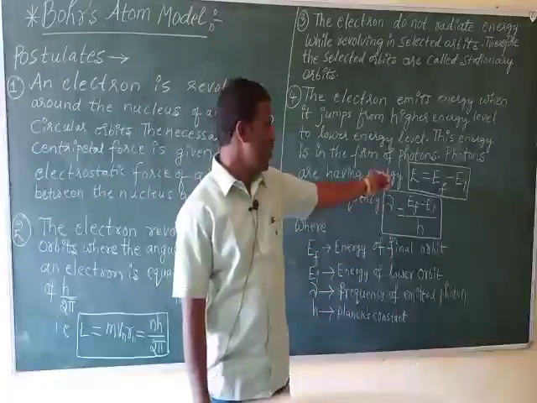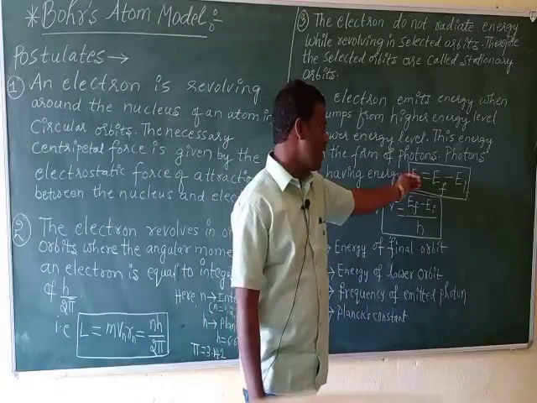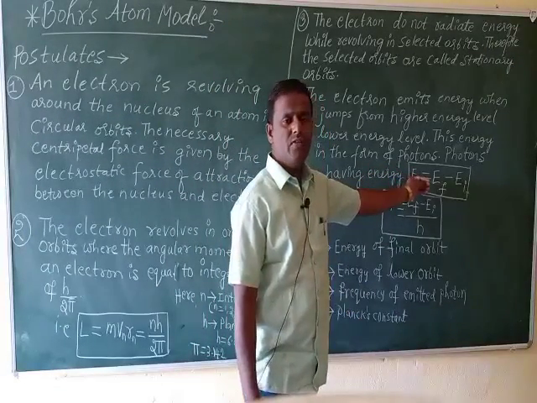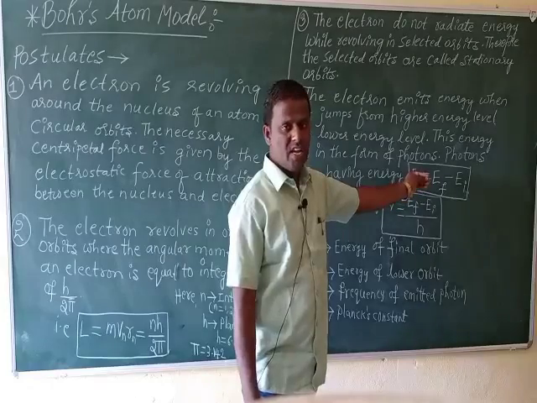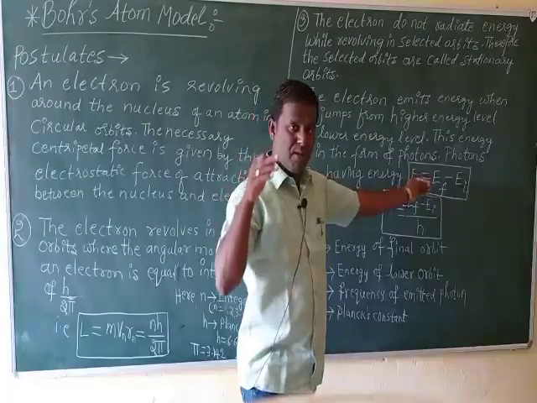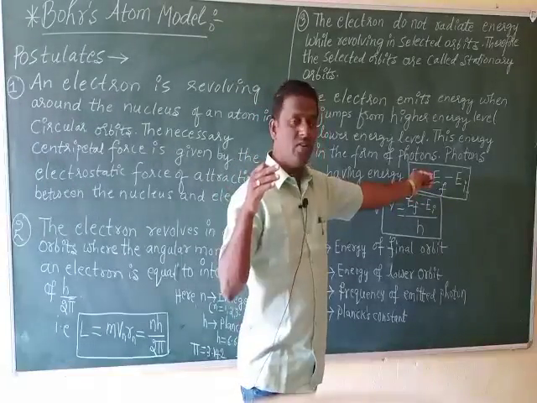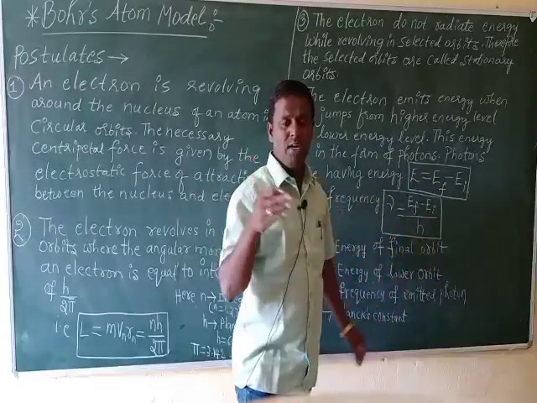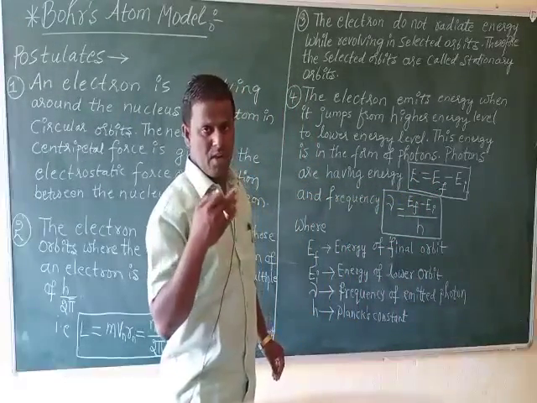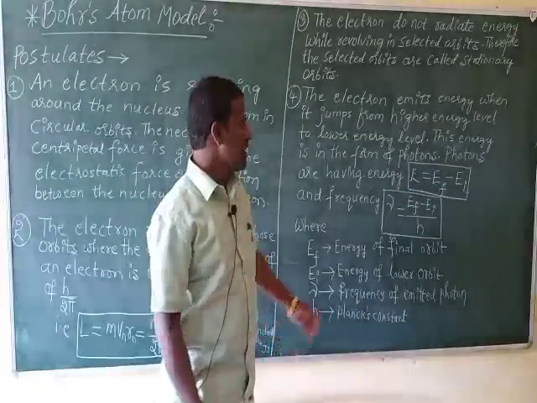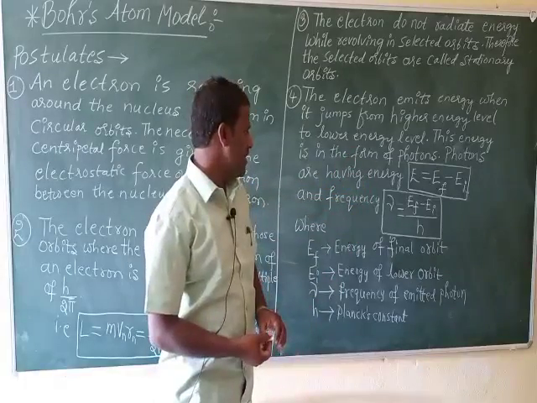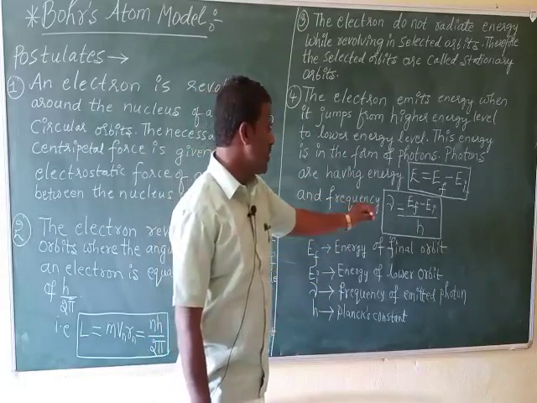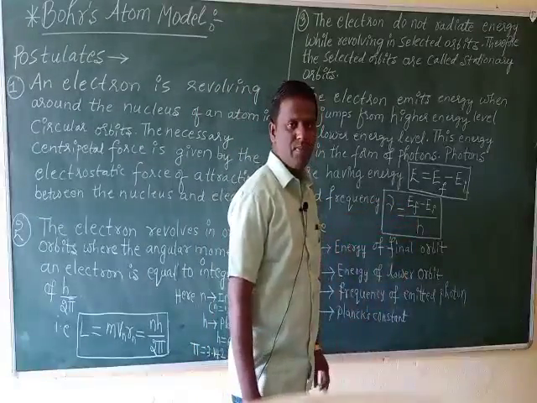So the total energy of the emitted photon equals the difference in energy between the higher energy level and the energy level it is coming to. So here E equals E_f minus E_i and frequency nu equals (E_f minus E_i) by h.